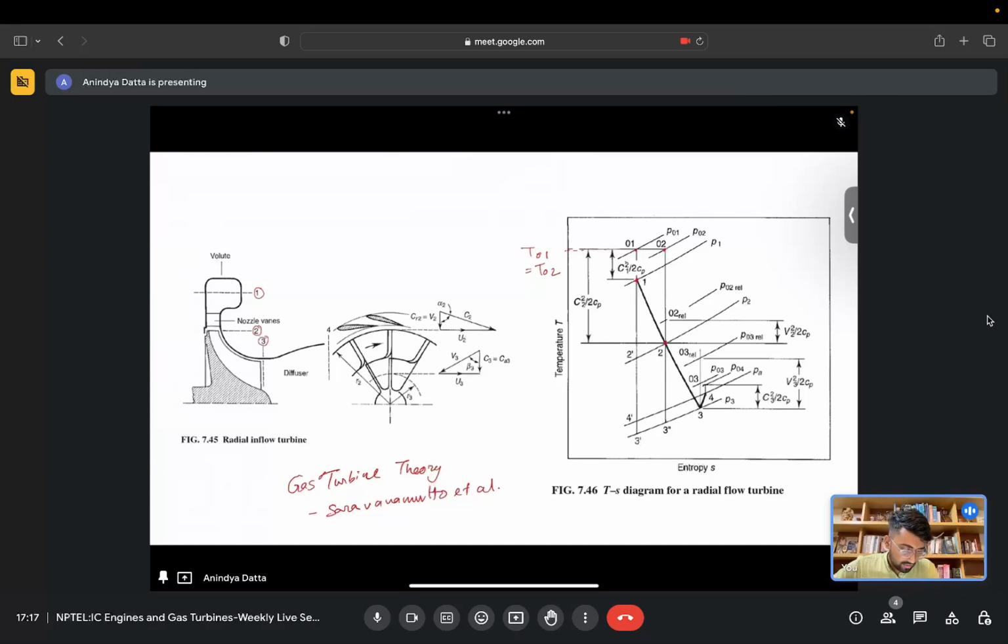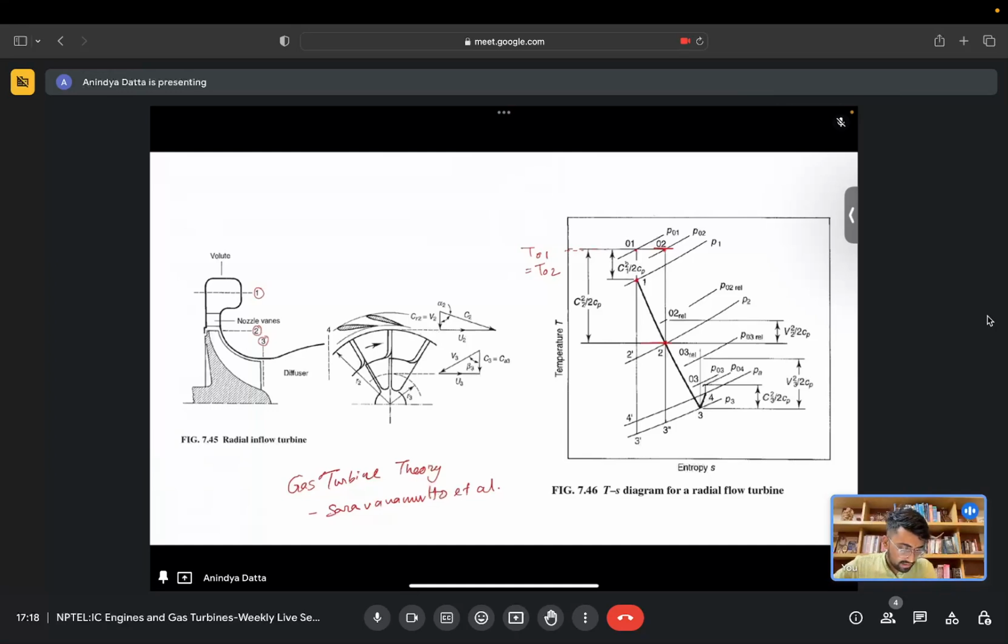State point 2 is the exit from the nozzle, and as you can see, the process is not isentropic because the process curve is not vertical, it's inclined, so there is an increase in entropy. The difference between the 02 and 2 state points is the velocity rise, the corresponding velocity temperature, C2 square by 2 Cp.